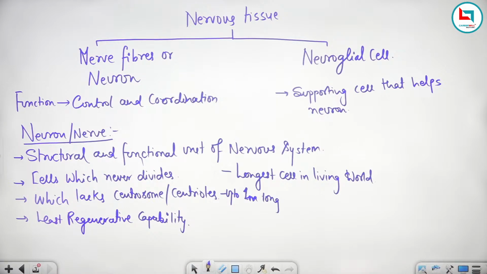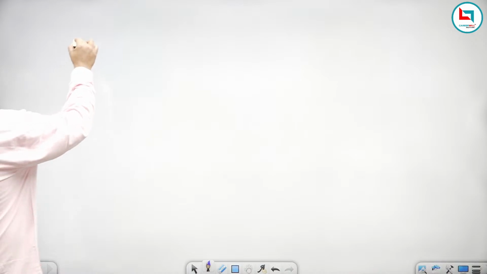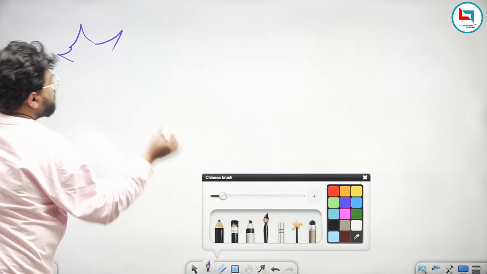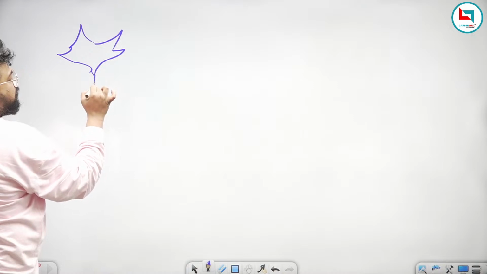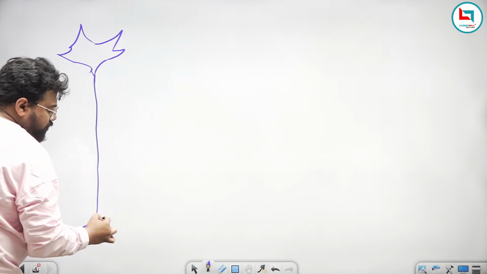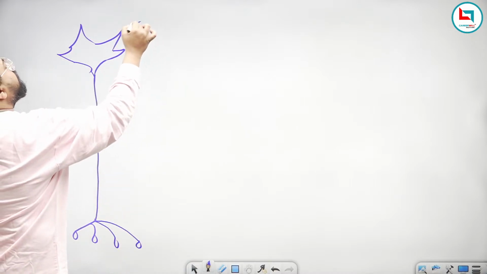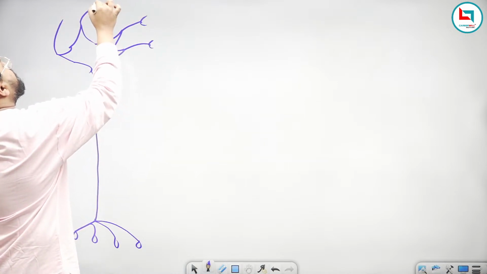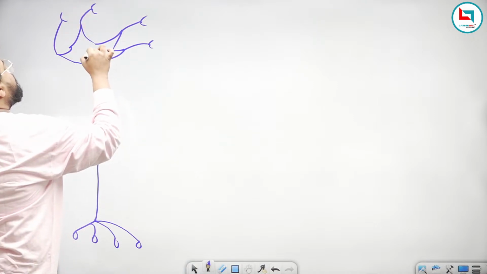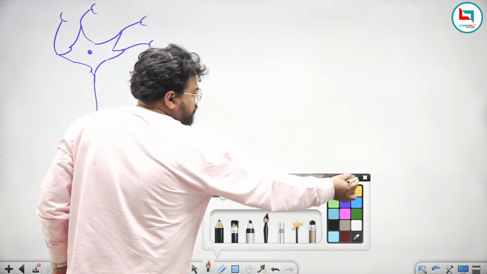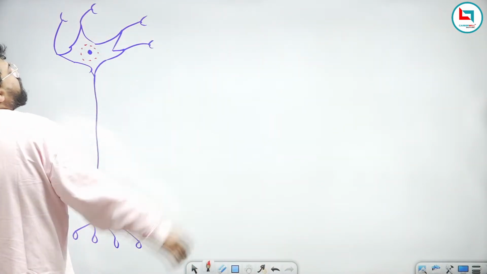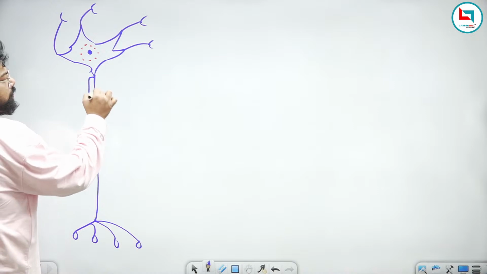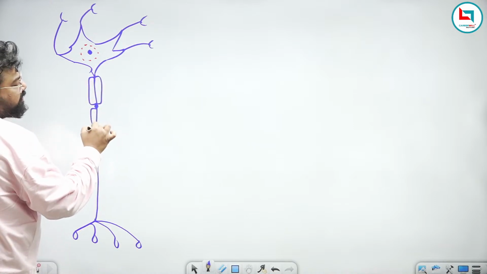Now, if we see the structure of a neuron, our typical neuron looks like this.